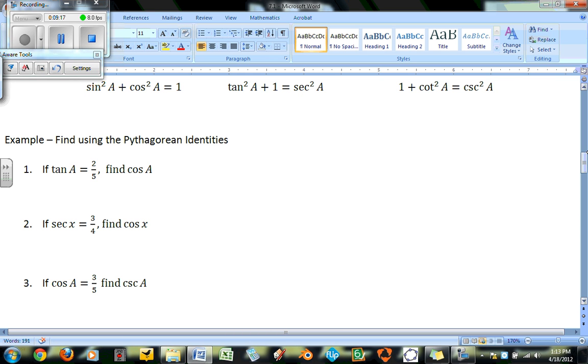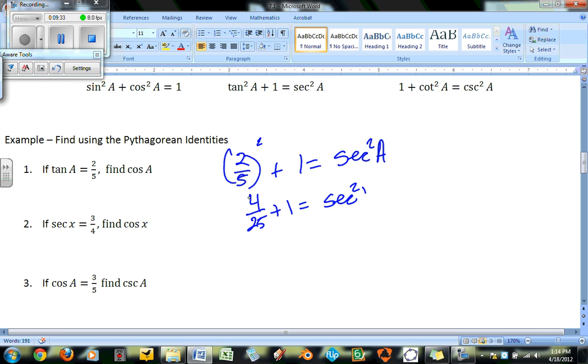So I know its tangent value, so I'm just going to say, 2/5 squared plus 1 equals secant squared, right? So I square this out and I get 4 over 25 plus 1 equals secant squared. Add these two terms together, it'd be 25 over 25.